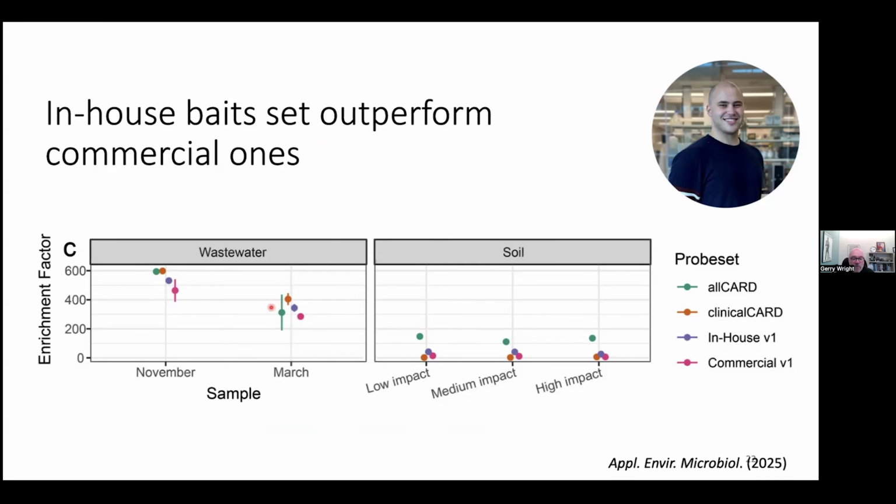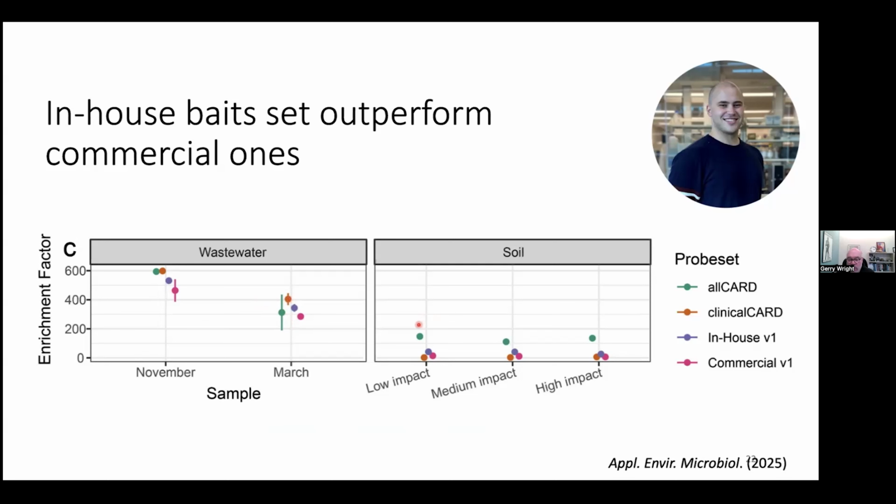And we always outperform the commercial probes; Dirk's probes outperform them. The interesting thing here in wastewater is that if you want to look at the resistance genes in wastewater, they're probably all coming from just people. Here, just that small subset of probes, about 350 that we call clinical CARD, is perfectly fine.